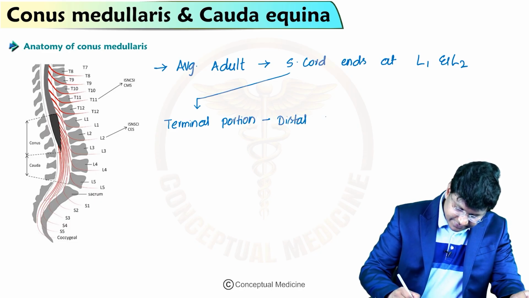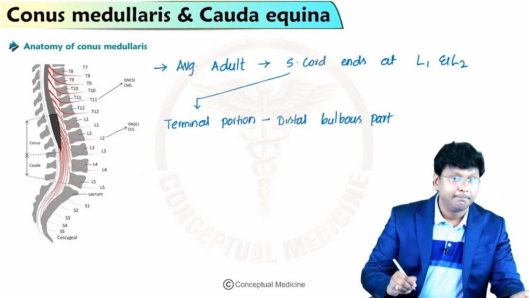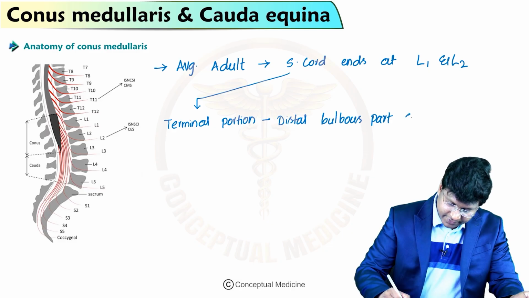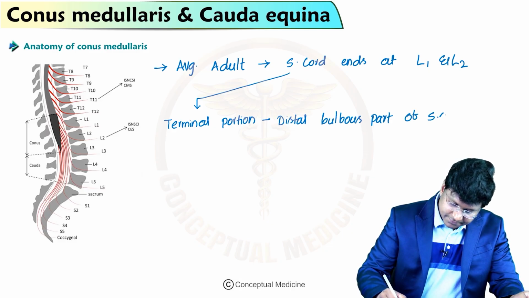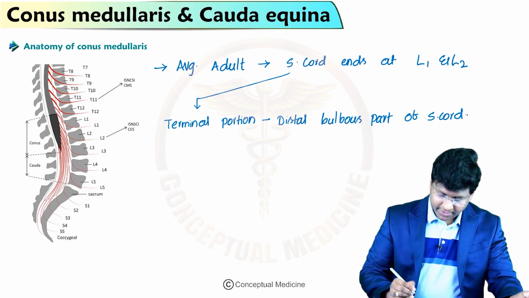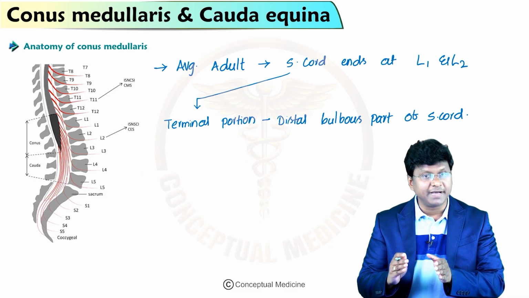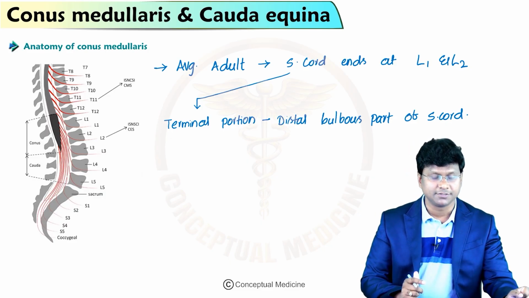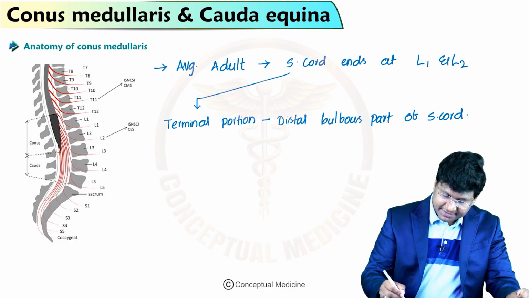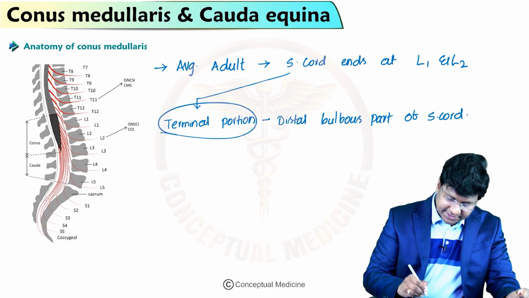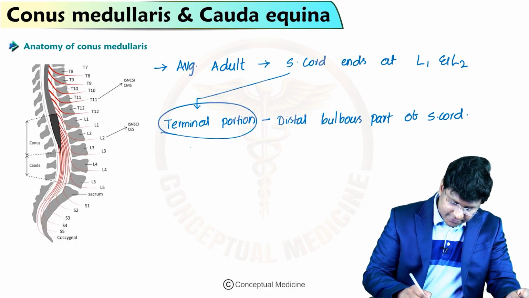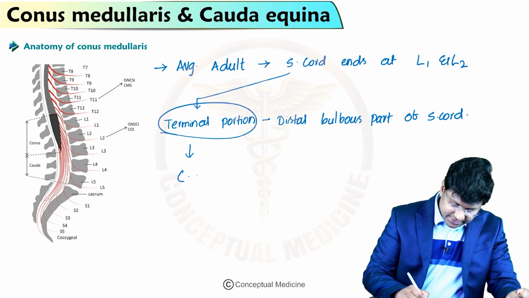You have the distal bulbous part of the spinal cord, present at the terminal end of the spinal cord, and that is called the conus medullaris.